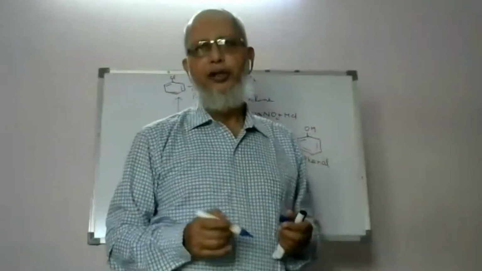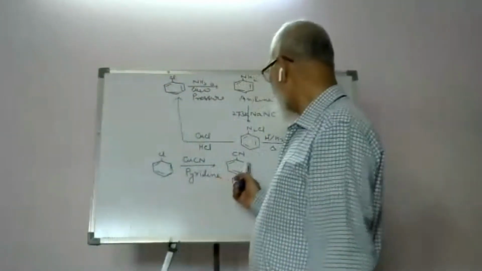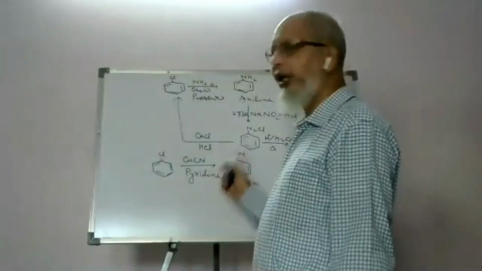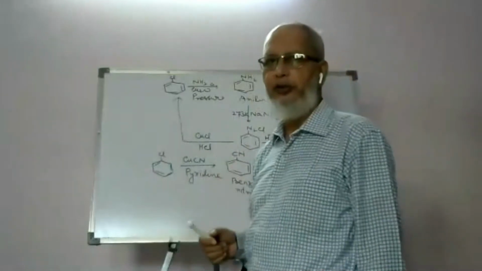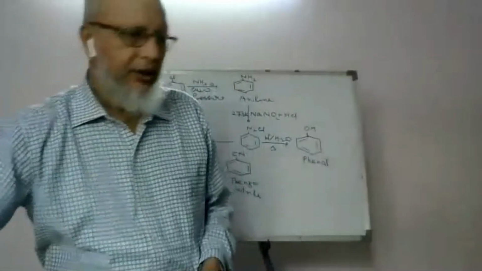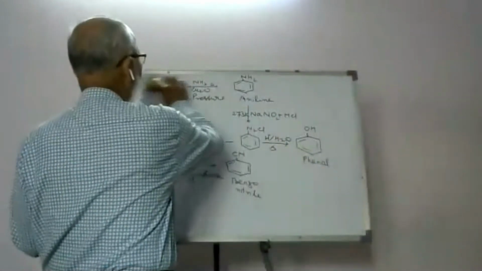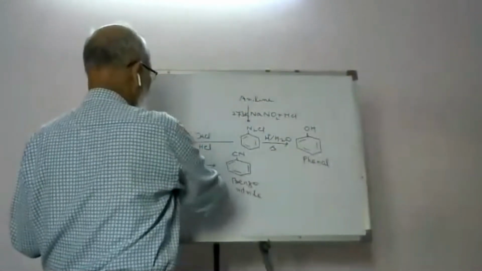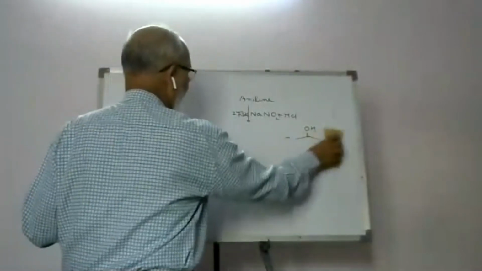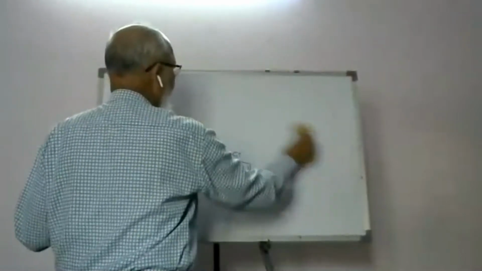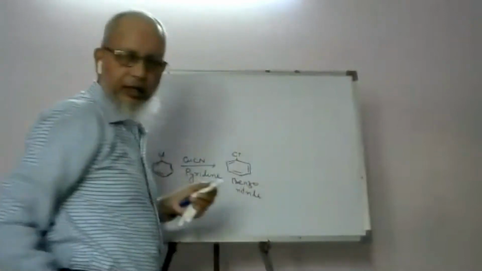And this may also be called phenyl methane nitrile or phenyl cyanide. Now this cyanide compound is also a very important compound, as I have told you in case of the alkyl cyanide, and it is helpful for obtaining a number of other organic compounds.